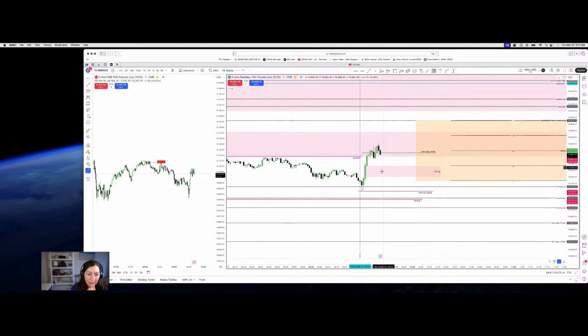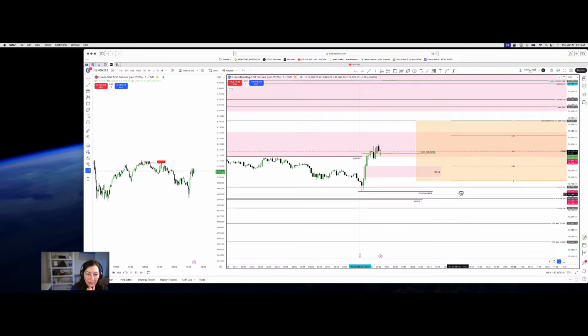So here's my 5-minute high, here's my 5-minute low. I'm just waiting to see price break either above, come back and retest, and then push up again, or come down to the 5-minute low.